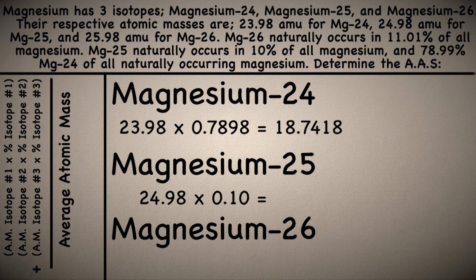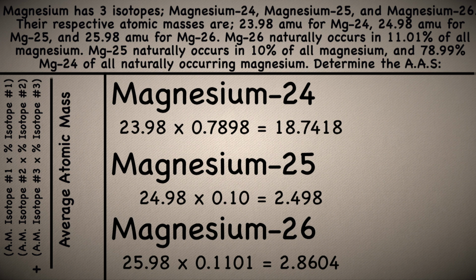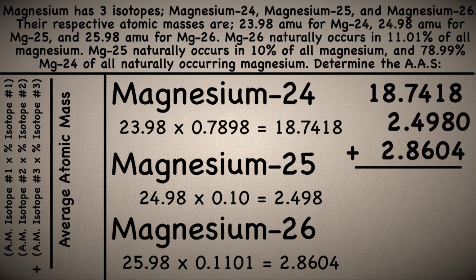So that gives me 2.498. And then finally, magnesium 26. Its atomic mass is 25.98, and we multiply it by 0.1101, and we get 2.8604. When we add all our magnesium 24, 25, and 26 together, we get 24.3 atomic mass units for the average atomic mass.